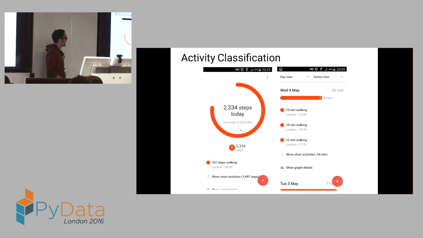So a great example of that is the Google Fit app, which does do the step counting bit, which I was looking for earlier, but also is reporting 15 minutes of walking. It'll automatically detect cycling as well. And so what I want to give you in the next few slides is an intuition of how this works under the hood.